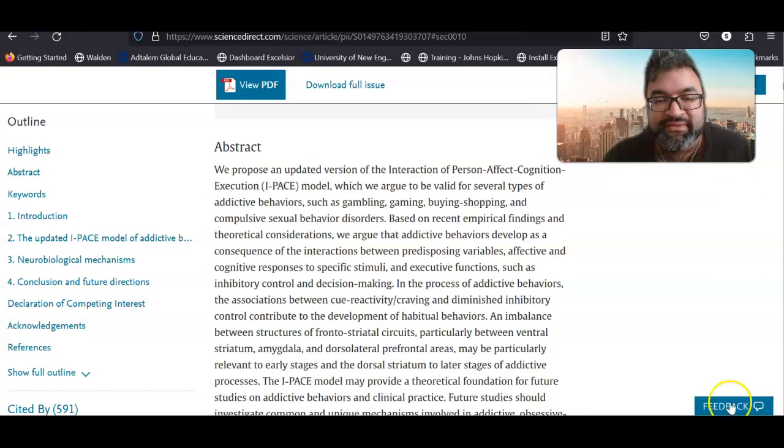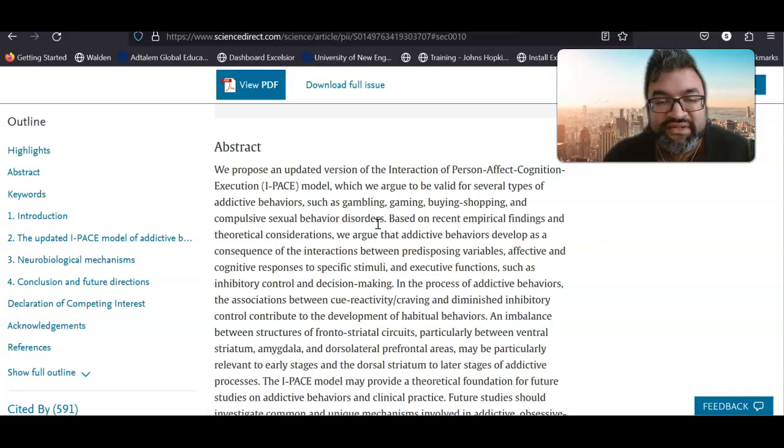So looking at some of the types of addictive behaviors, there's gambling, there's gaming, there's buying, shopping, and compulsive sexual behavior disorders. So with the proliferation of some of the sexual behavior disorders, and with a lot of electronic types of entertainment, these types of behaviors can lead to addictive behaviors.